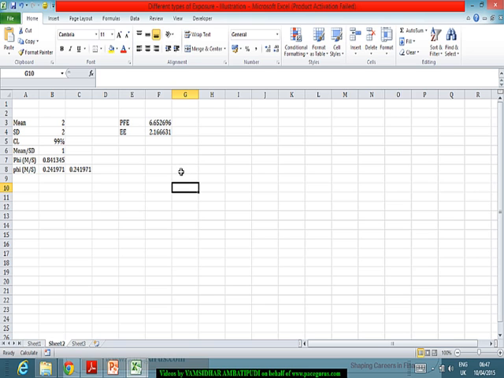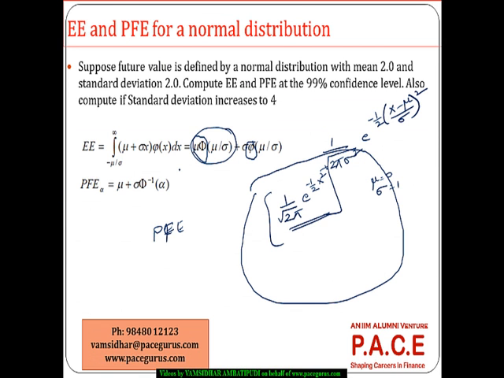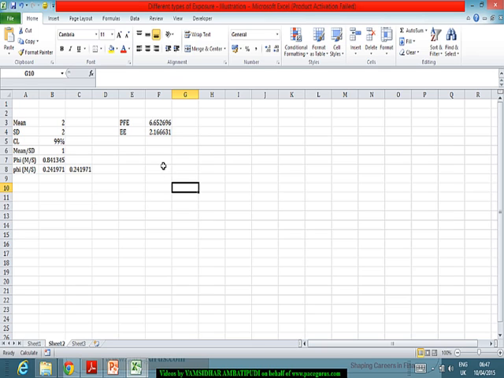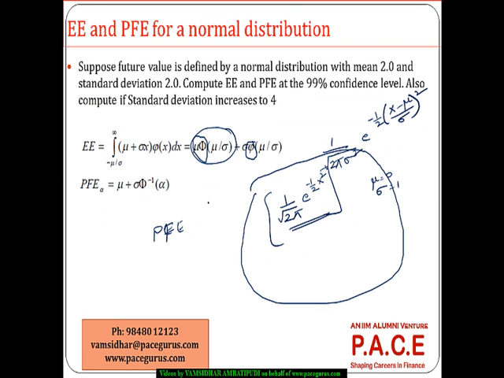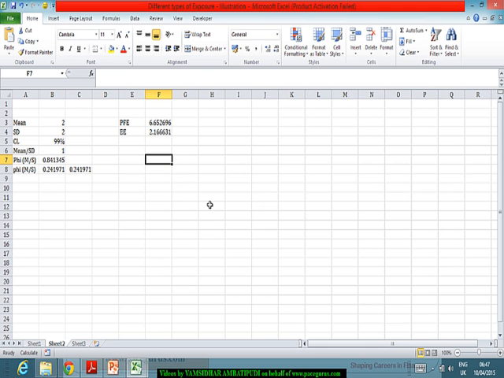Now let's say I really want to do a graph for this, just a graphical plot. Let me start considering the different values on this curve.